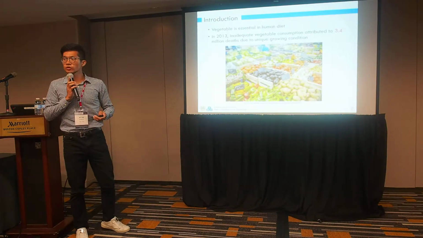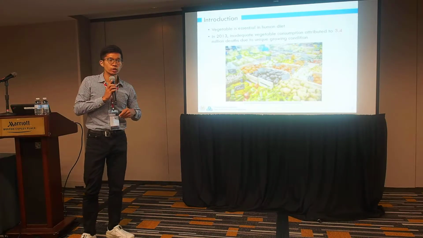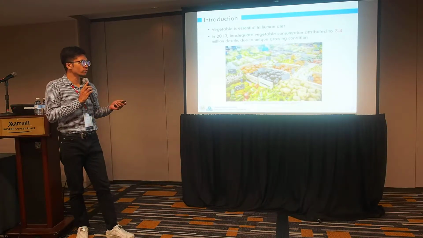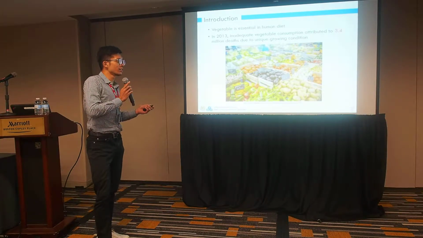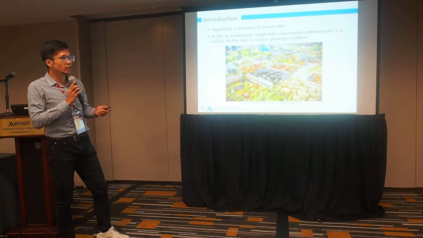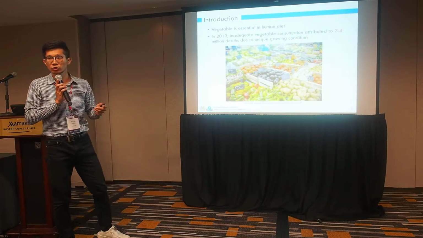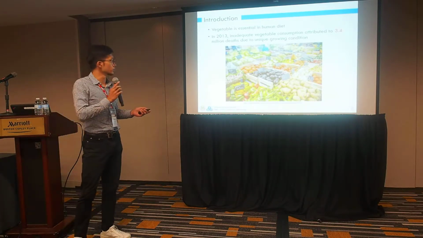As most of you may know, vegetables are essential in the human diet. Although we seldom taste anything when we eat vegetables, and they usually contain low calories, in fact they contain lots of important nutrients, such as dietary fibers and diverse vitamins.